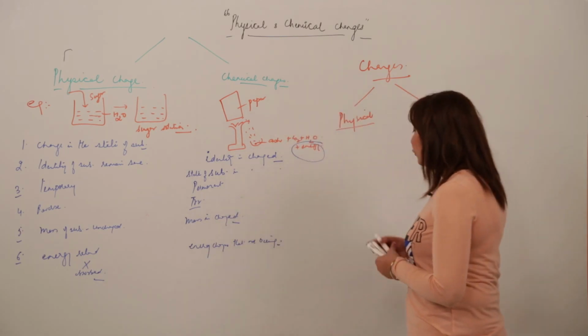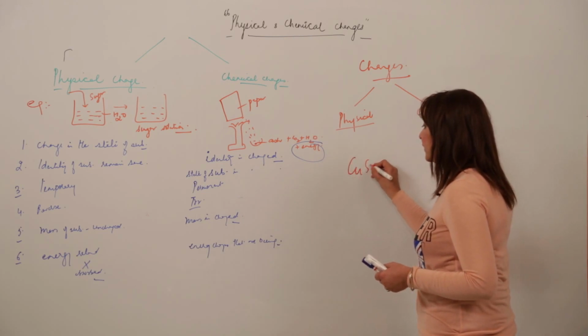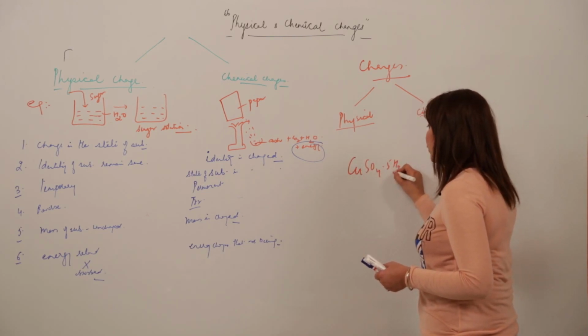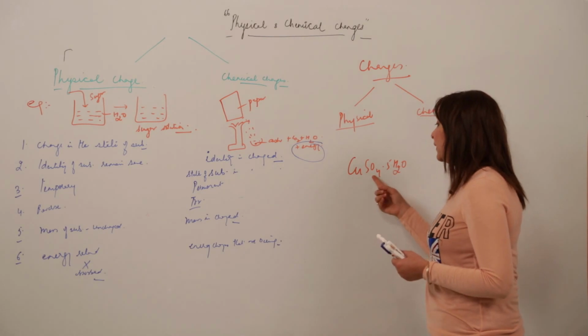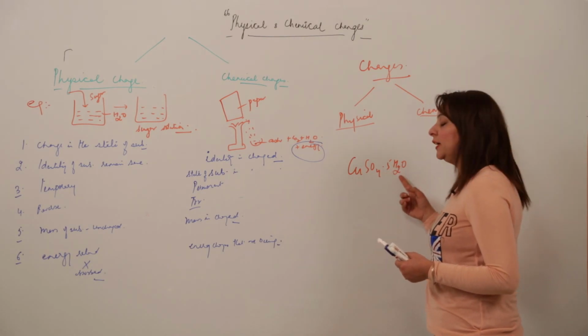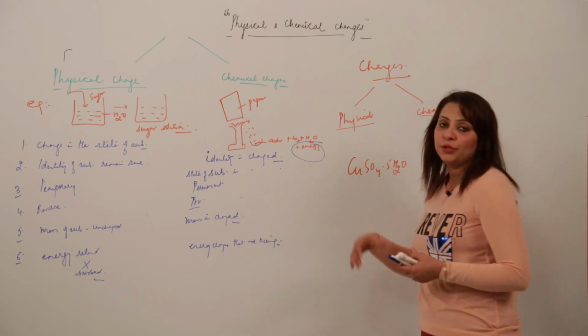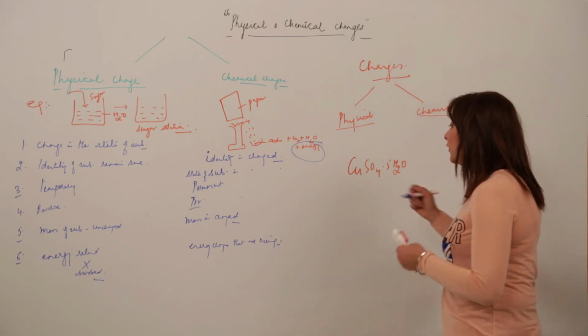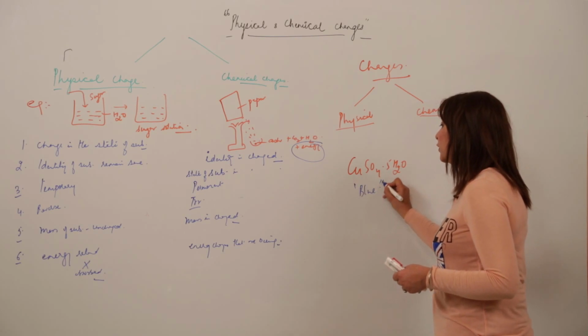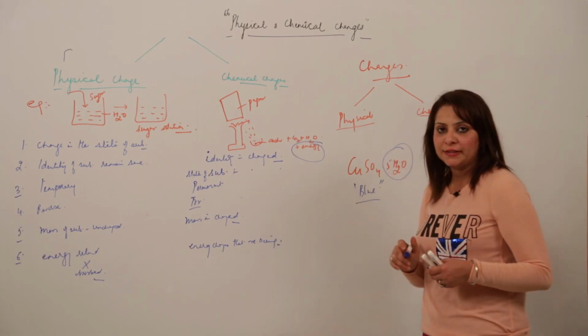See, we have copper sulfate pentahydrate crystals as CuSO4.5H2O. This is copper sulfate, penta means 5, hydrate means this is 5H2O, water of crystallization, which is attached to the copper sulfate. The color of this is blue initially because of the presence of this water of crystallization.